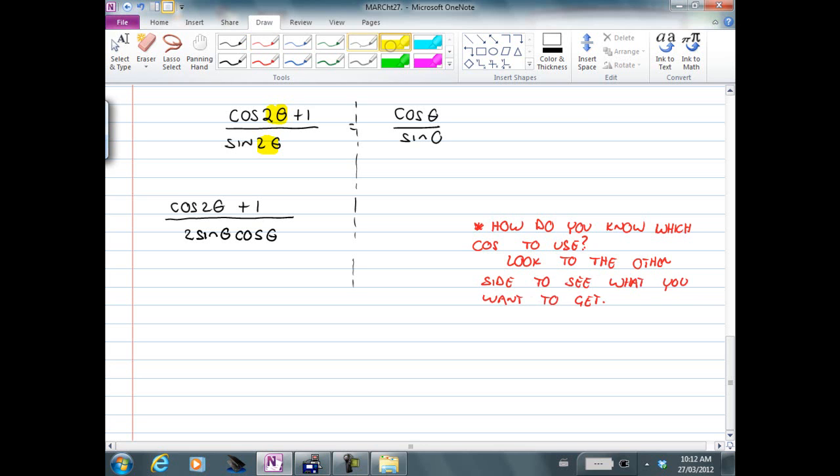I have to get rid of this cos 2 theta. I know I've got to use one of the forms. I look to my right side, and is there a 1 there anymore? No. Somehow this 1 has to disappear. I don't know how yet, but somehow it has to disappear. I also look, and on the top there has to be cos left on top. But there's no cos on the bottom.